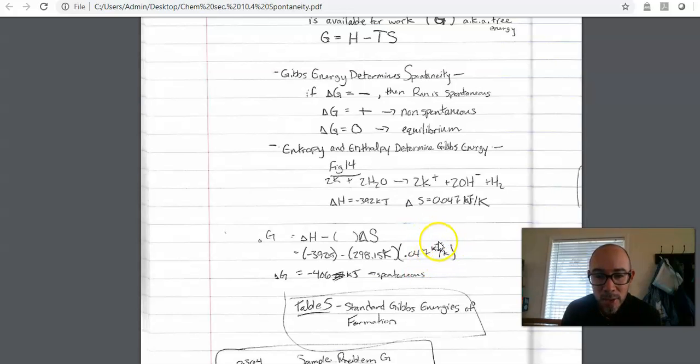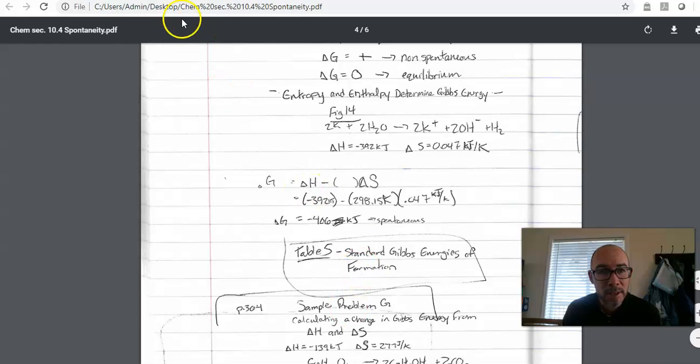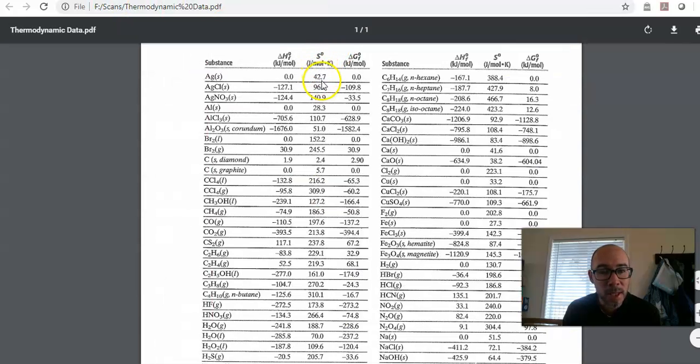You can see this kilojoule thing is way bigger. You're going to get some serious energy out here. So the negative again tells us spontaneous. And again, you're going to get a whole list of these things here in your thermodynamic data.